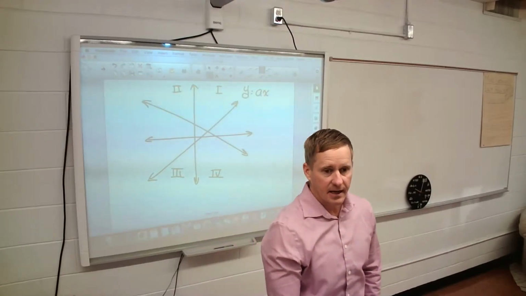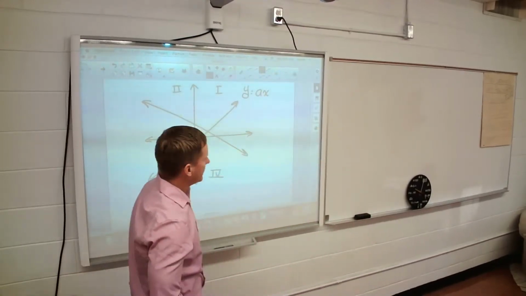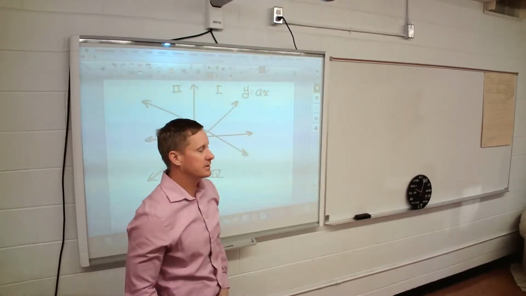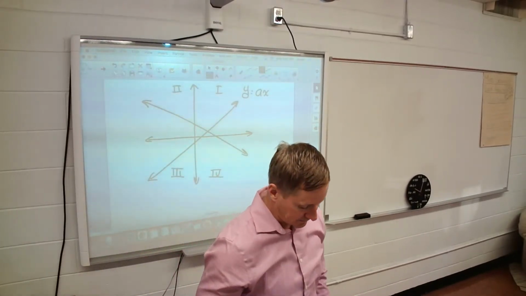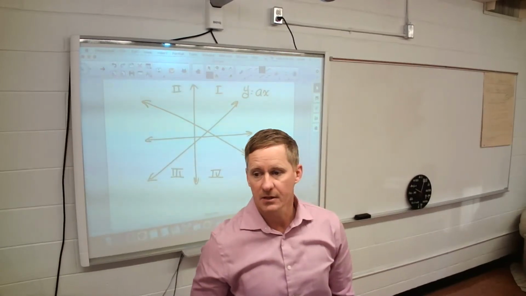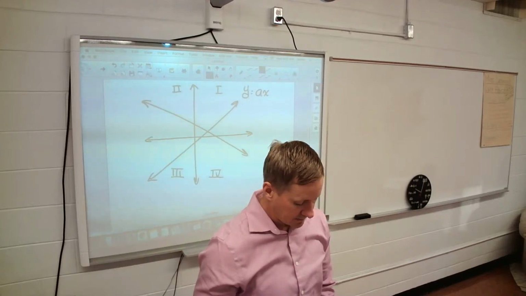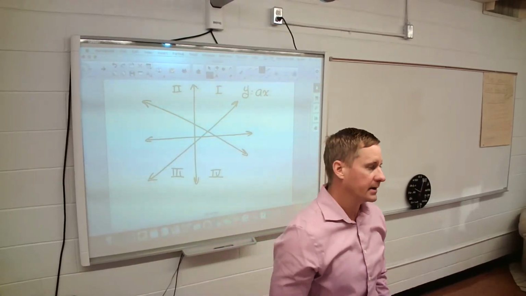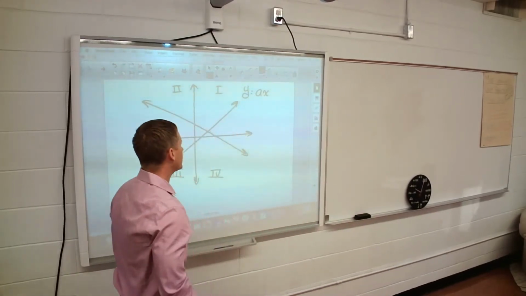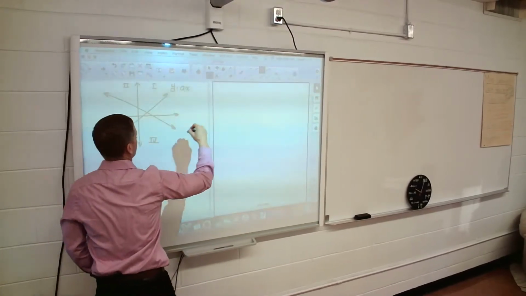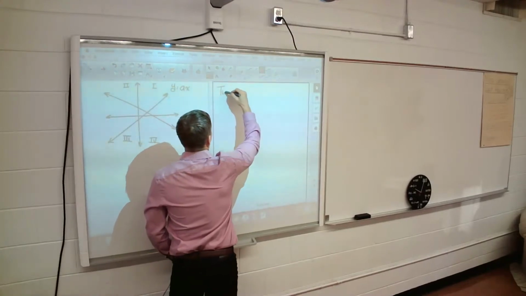Number of x-intercepts. In this case it is 1. It's going to cross the x-axis one time. Number of y-intercepts, also going to be 1. It's going to cross the y-axis once. Number of turning points, this is new to you.